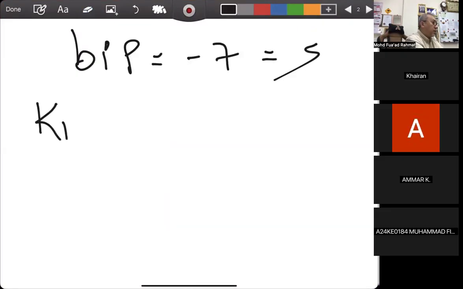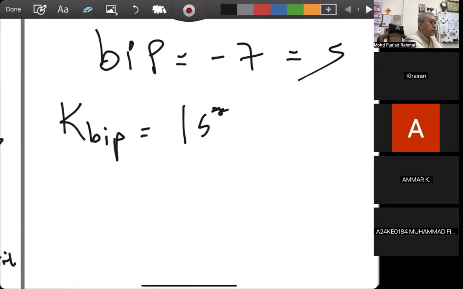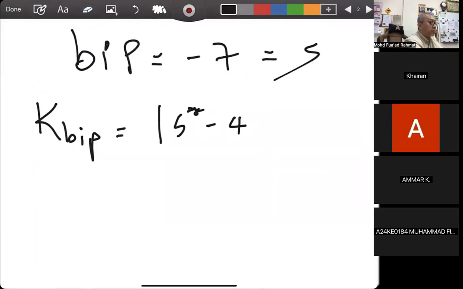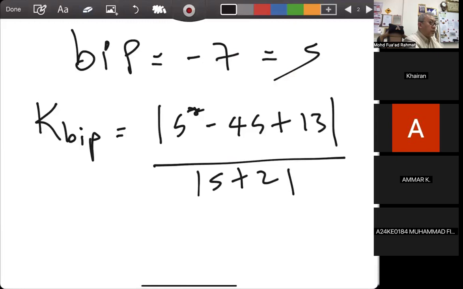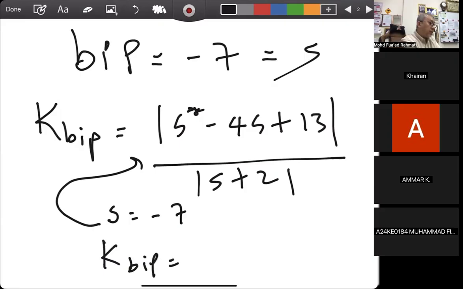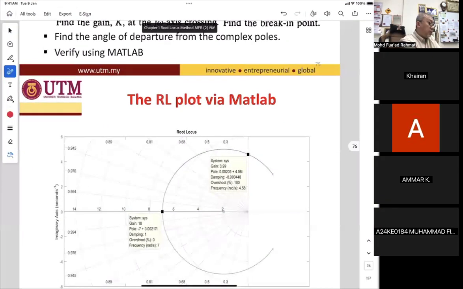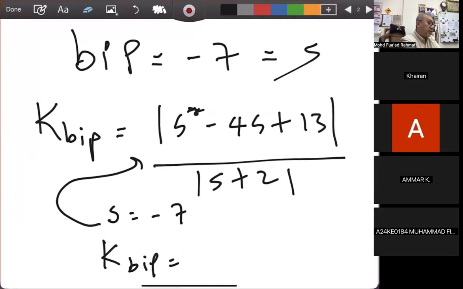Then to find the gain at the break-in point, we replace the s value, so s is equal to minus 7. We insert it inside this formula, for the break-in point. So the value is 18.